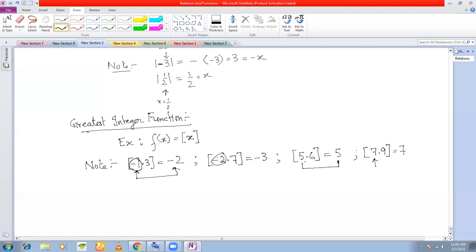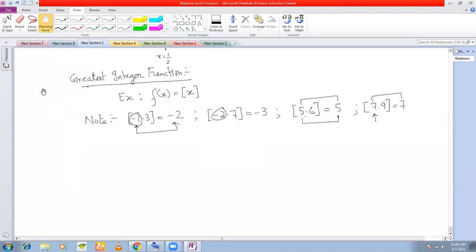For minus 2, it will become minus 3. But for positive numbers, we only take this integer: 5.6, so 5; 7.9, so 7. That is what the greatest integer function is about. Very rarely you will come across it, and it has very interesting graphs, but we don't require them. So right now we'll focus on sums.